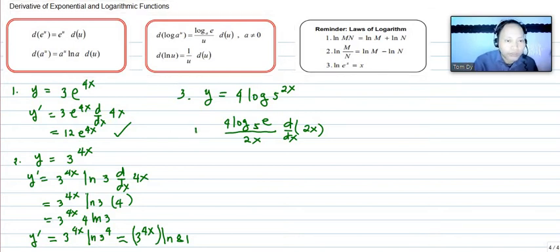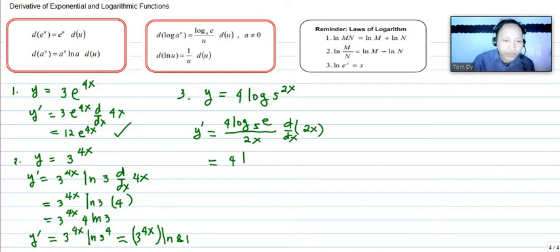So we have here, I will rewrite here, y prime equals, the derivative of 2x equals 2. The result of this one is 2. 2 times 4, that is 8. So we have here 8. The 8 divided by 2, take note, 2 times 4, 8 divided by 2, that is 4.